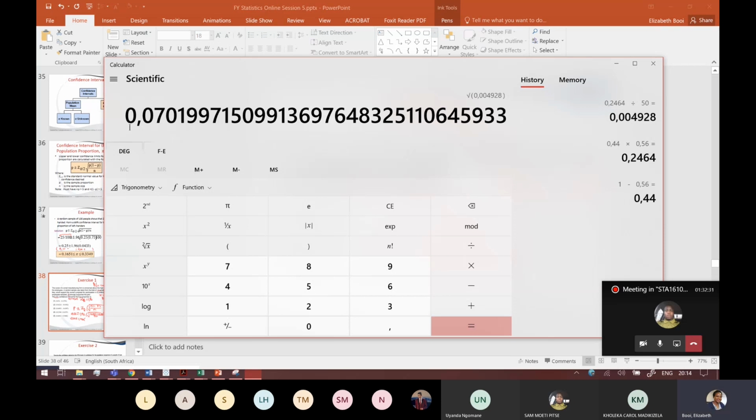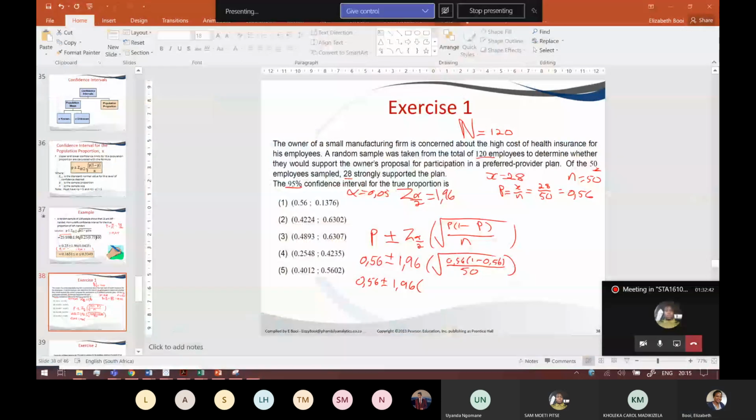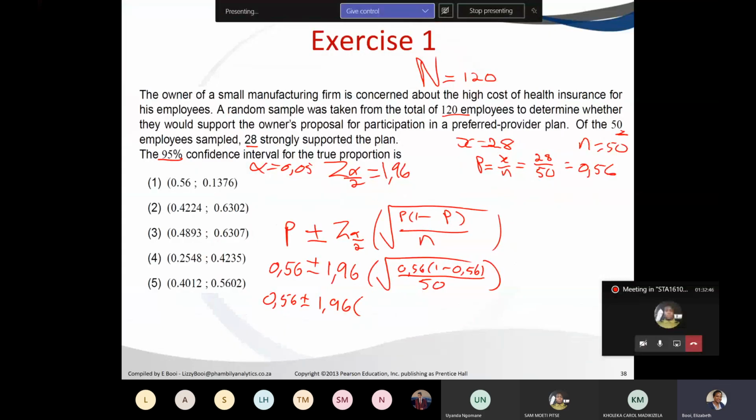0.0702. I'm going to round it off there and say 2 because I just want to write it. I can only write it if it's in presentation mode. 0.07. Now I forgot the values.